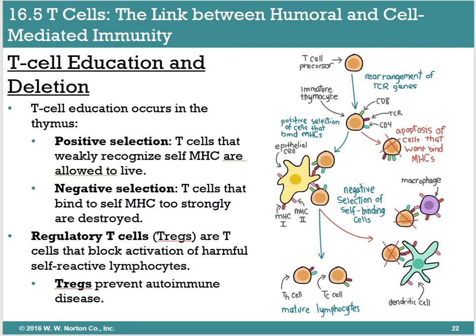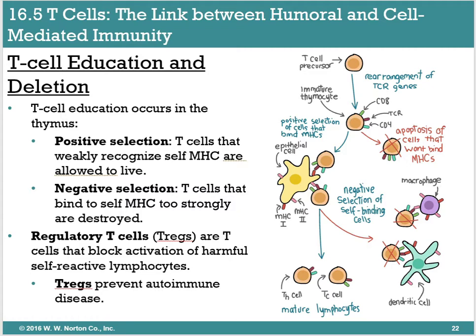So, in order for a cell to pass the positive selection process, the cell must be able to bind only to MHC molecules. And then if the cell binds to a non-self molecule instead of an MHC protein, it will fail the process and it will be murdered, essentially.